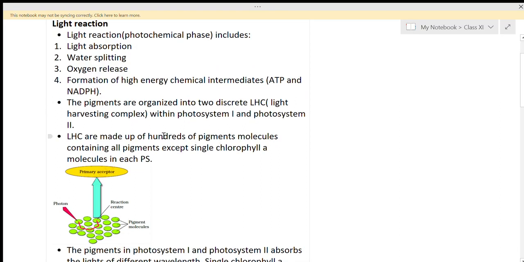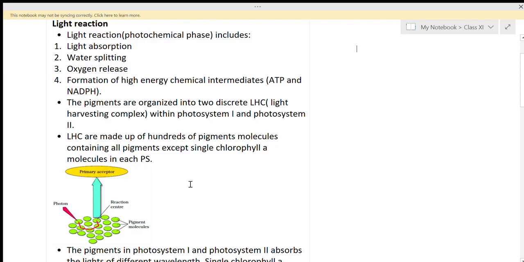The pigments in the plants are organized into two discrete light harvesting complexes within photosystem 1 and photosystem 2. The photosystem 1 and photosystem 2 are the light harvesting complexes in which pigments are organized.